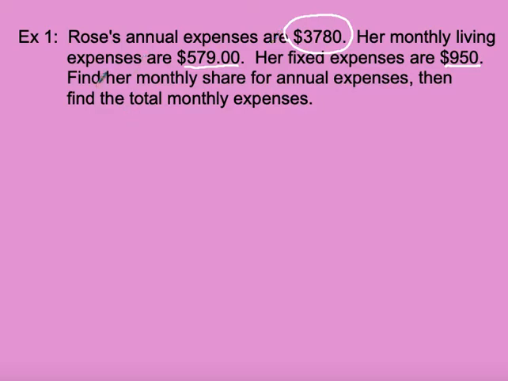So the first thing we're going to do is find that monthly share. So to do that, I'm going to take her yearly expenses. So those are probably her insurances that come due once a year, her property taxes, the big ticket items. And we're going to divide that by 12 to find that her monthly share is $315. Those are her annual expenses.